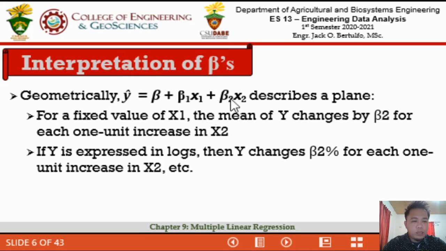So this is the increase now of y. So if we hold this x1 constant, then y changes by beta 2 for each 1 unit increase in x2. If y is expressed in logs, then y changes by beta 2% for each 1 unit increase in x2, and so on. This is just for this equation with two independent variables.